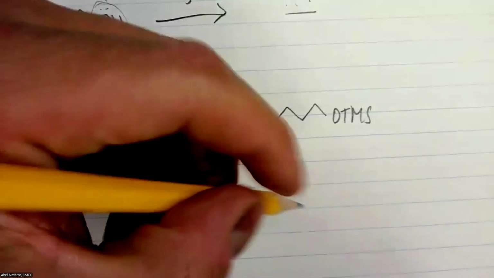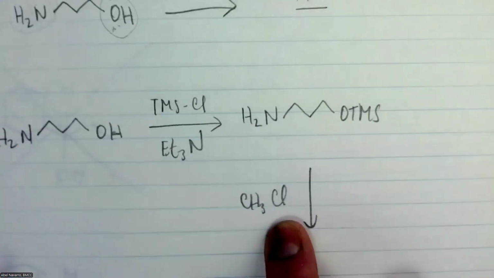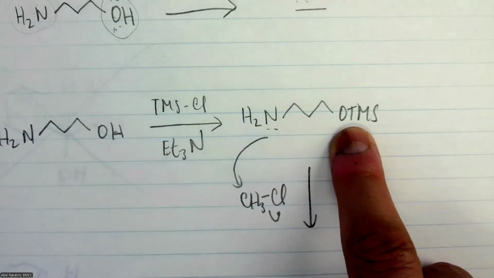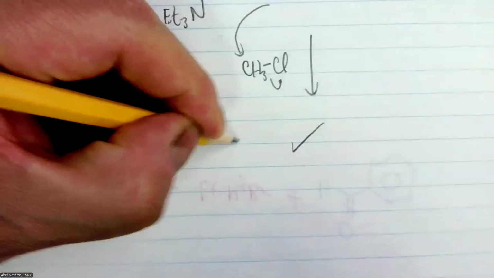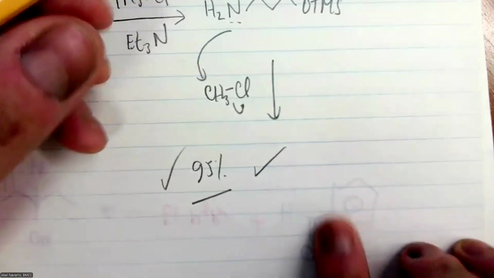So now you can add the methyl chloride, and the amino will attack with no competitor. The competitor is hidden, is blocked. So now the amine is going to do the reaction with a higher percent yield. So what should I do next? Well, next, after you are done with your reaction, I don't think you guys want to see the product. But that's okay.